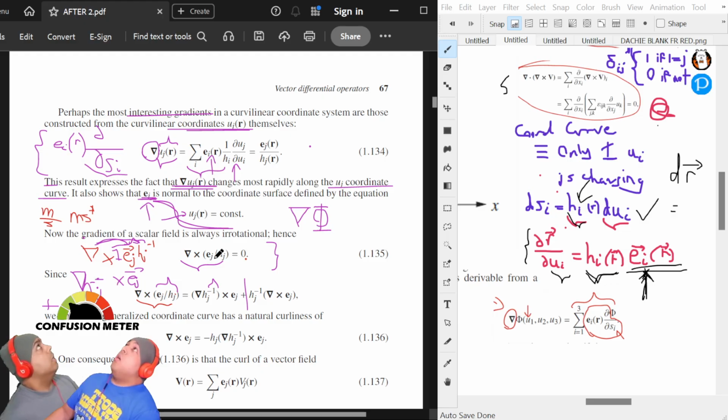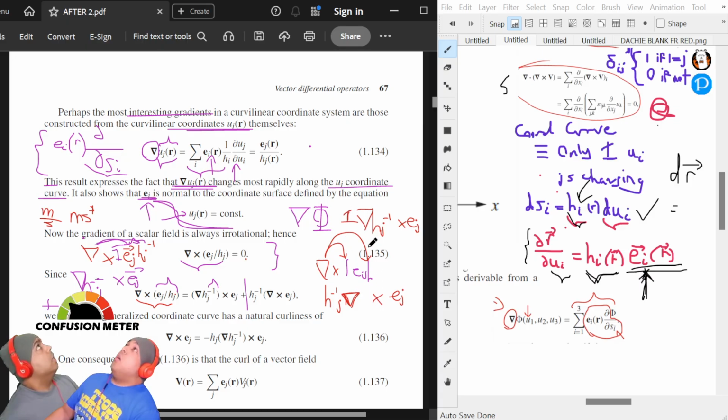EJ, let me do that over here. 1 EJ H. You touch this. This cross this is 1. Well, just this guy again, right? And you still have this guy to deal with, and H has no business there. He can come out. Now we touch the H, so it's a gradient H. J minus 1. The cross E is still there, and the 1 comes outside.